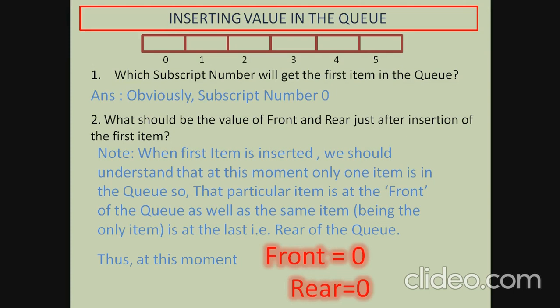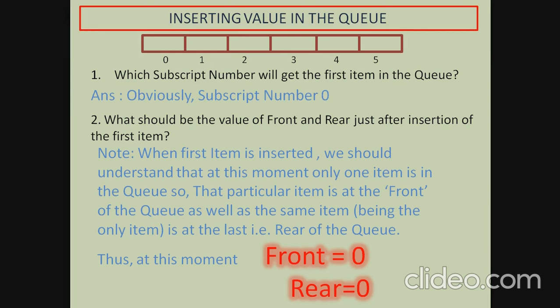So front is equal to 0 and rear is also equal to 0, because that item is standing at the first, as well as being the only single item in this queue, it can be said to stand at the rear also. So front is 0 and rear is 0.